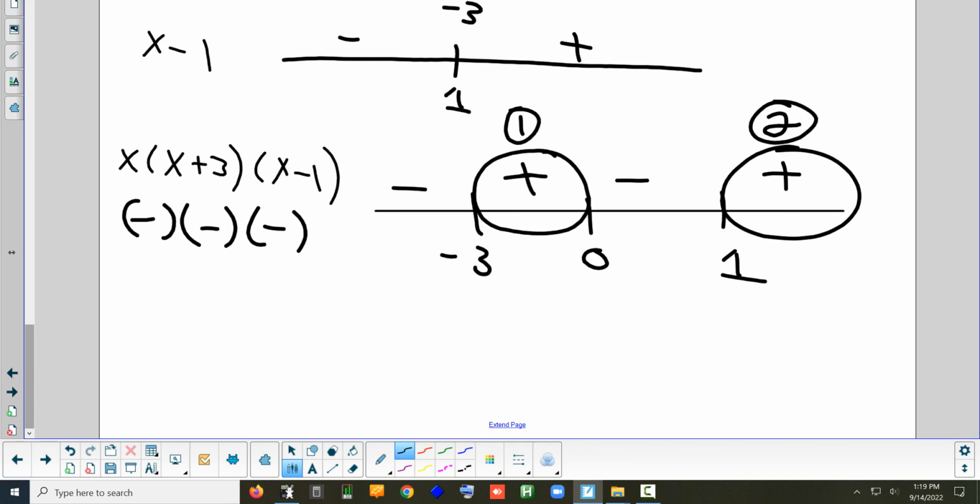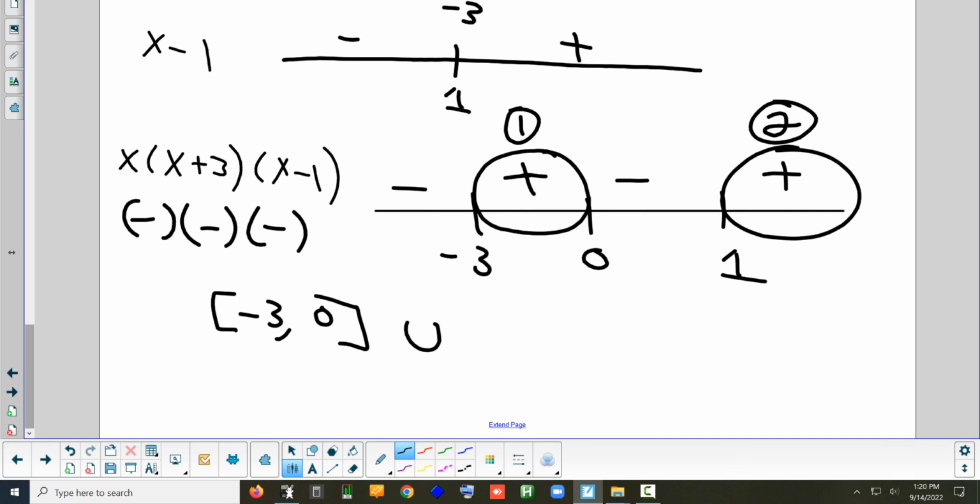How would you describe the numbers in interval 1? I'm looking for intervals with parentheses or brackets. So it's included. It is included, yes. So a bracket is -3, comma, 0. Okay, so that covers interval 1.